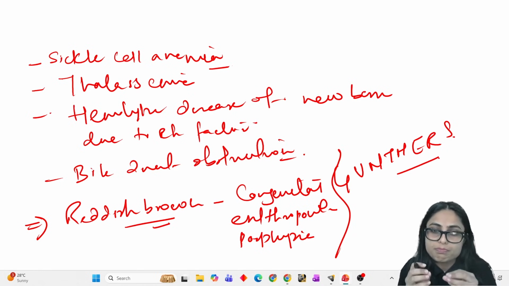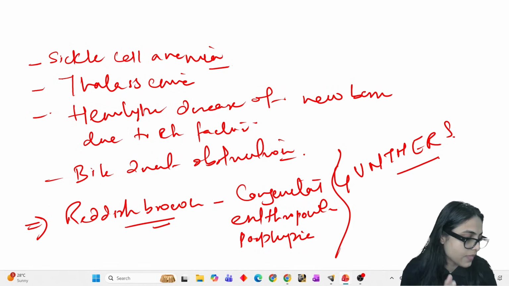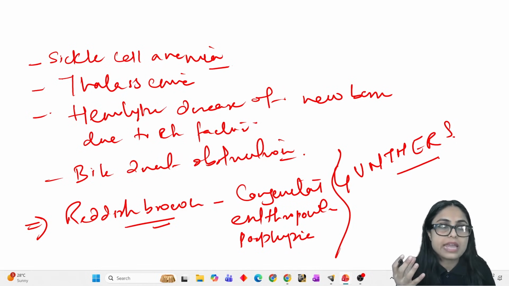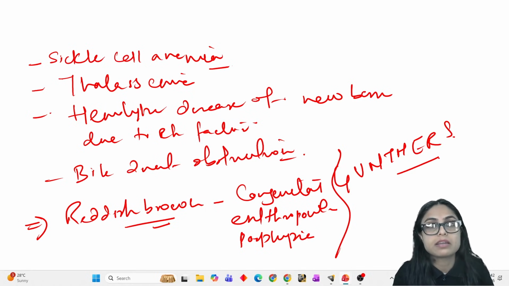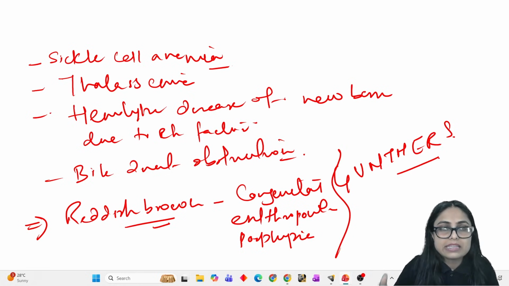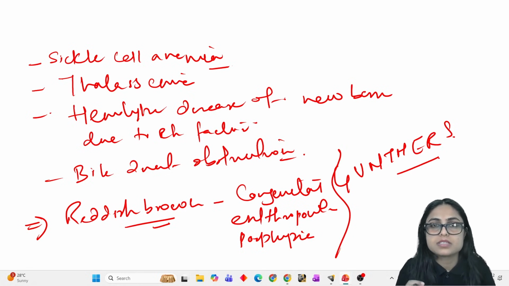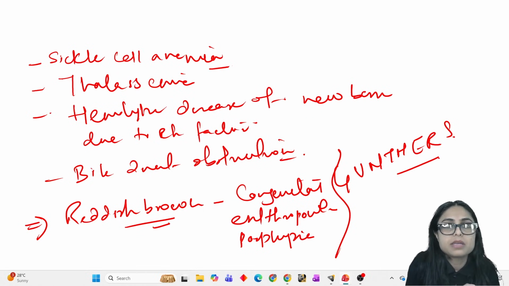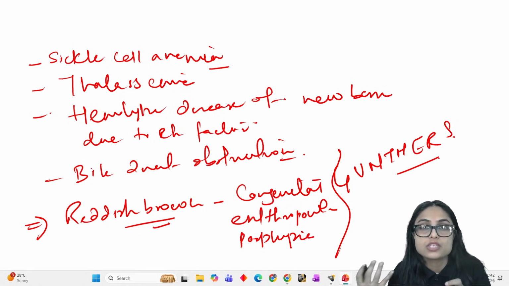So there will be disturbance in the porphyrin metabolism, and the porphyrin has got affinity for calcium phosphate. So when teeth are in the developing stage, this porphyrin pigment gets incorporated into the hard tissues of teeth.